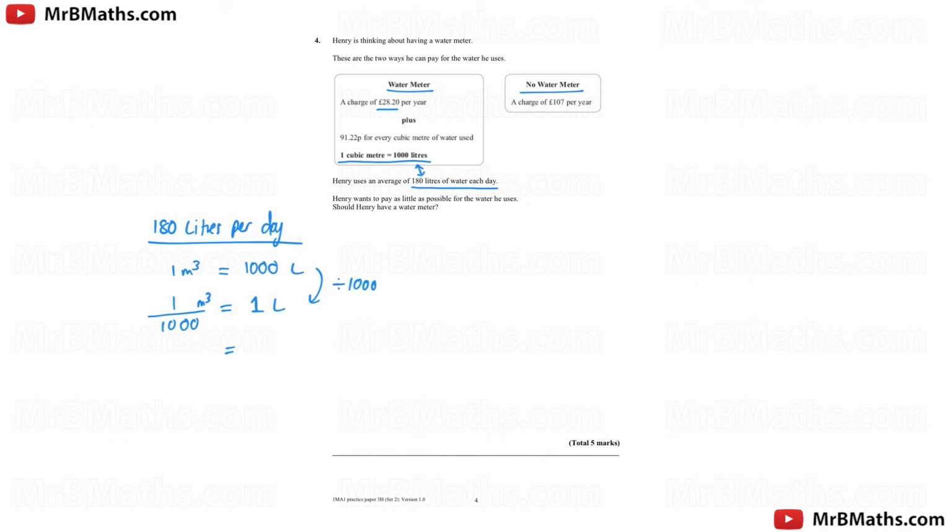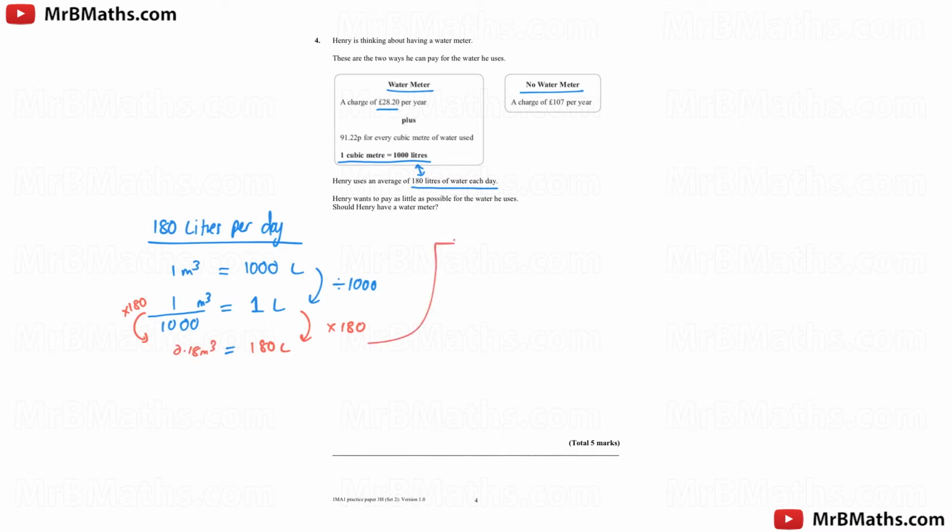Now I know that Henry uses 180 litres, okay, and the same thing here. How do I get from 1 to 180? I times by 180, so I'm going to do the same here, times by 180. So if I do that times by 180, I get 0.18 meter cubed.